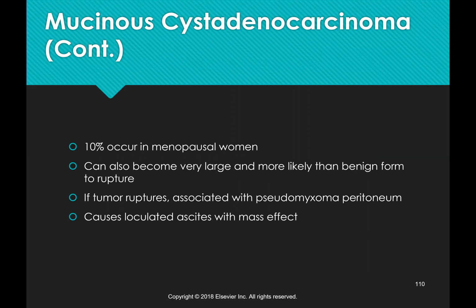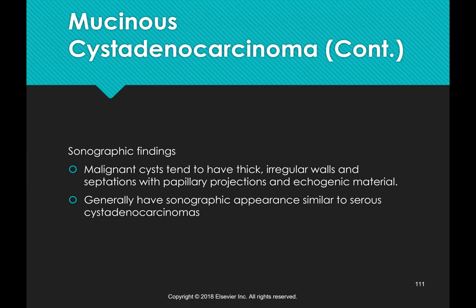So if they rupture, then you can get this nasty gelatin-like gross fluid within your abdomen called pseudomyxoma, and it's loculated ascites and it's malignant. Malignant cysts tend to have thick, irregular walls and septations with papillary projections and echogenic material, compared to a thin-walled benign tumor.